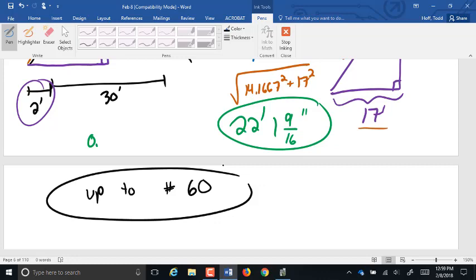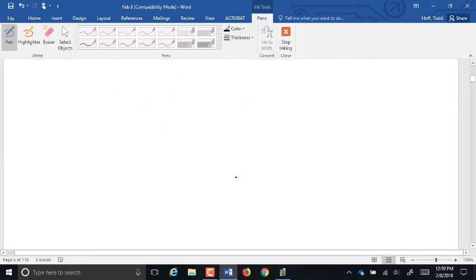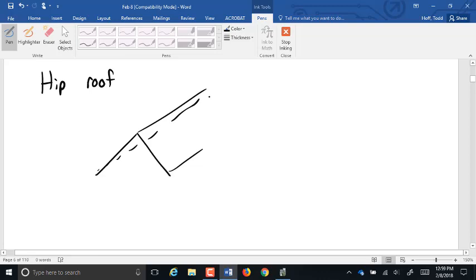Now, the next thing I want to talk about is something called a hip roof. Your typical roof has a gable end, and the roof goes off however, right?